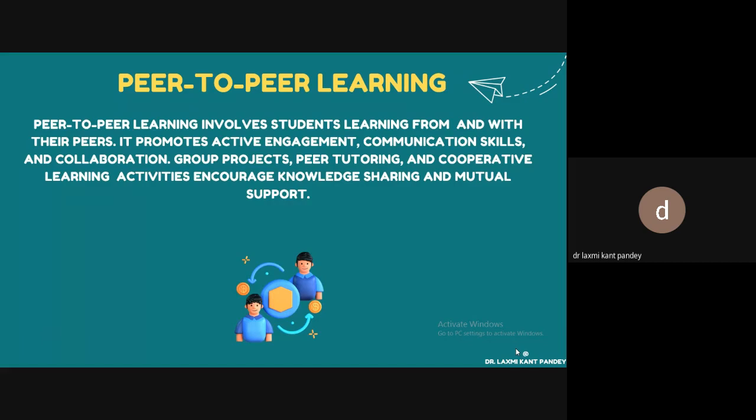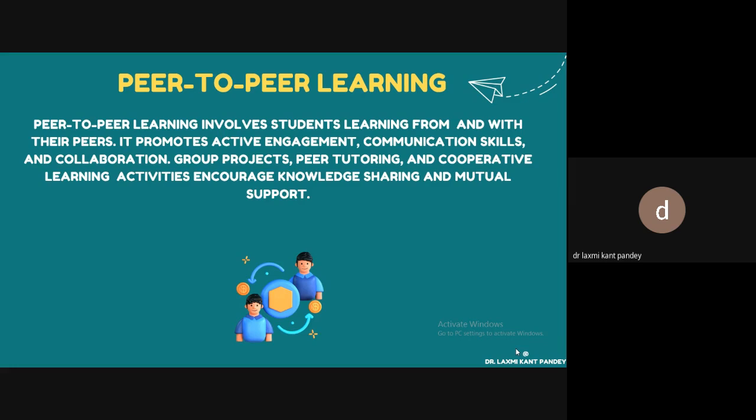Here the teacher is not involved directly in the teaching. The students are learning among themselves. One student is teaching or giving information to the next student. So students can see each other's perspective to help them progress.